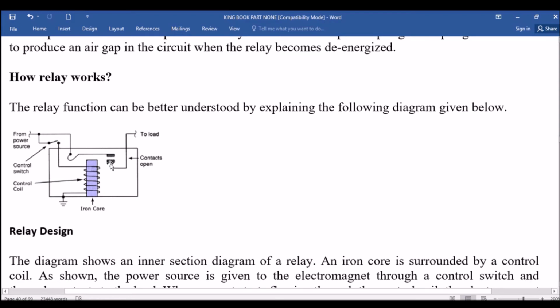When the power source is applied on this coil, the iron core will produce a magnetic field which will attract this metal, and this metal will be attracted to this iron core and to the contact open. This contact is open, but if we connect this voltage, our contact will be closed.